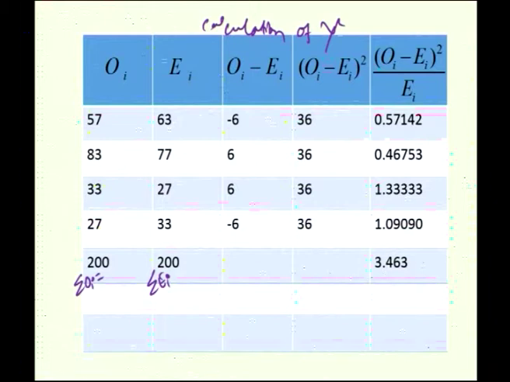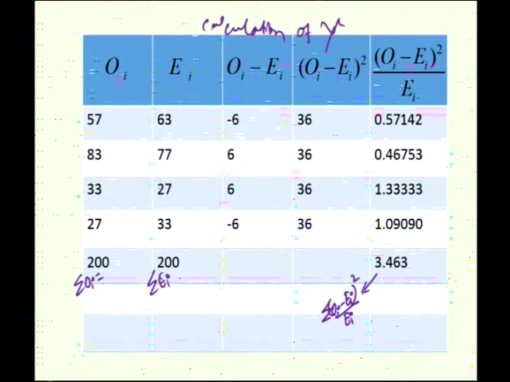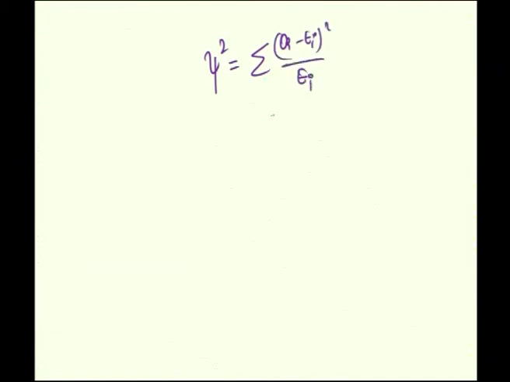This is your summation value, summation of OI minus EI whole square by EI. Now, that is the calculated chi-square value, right. We are in step 4. So, the calculated chi-square value is 3.463. Now, we have come to the comparison part.